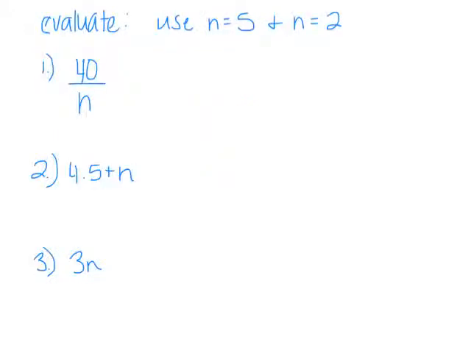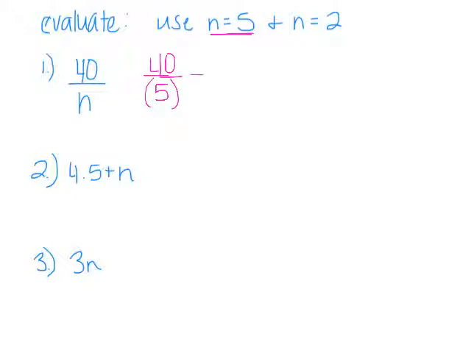We're going to evaluate the following expressions using n equals 5, and then you're going to pause the video after we solve those examples and use n equals 2 to solve for the rest. For our first one, we have 40 divided by n, so I'm going to substitute 40 and then substitute in 5.